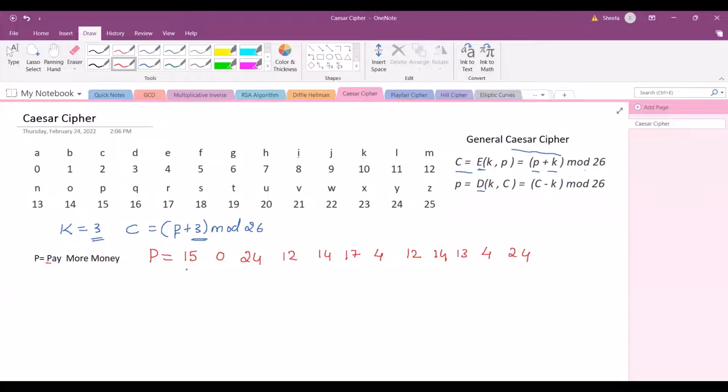So this is how we can express the values of the plain text "pay more money".